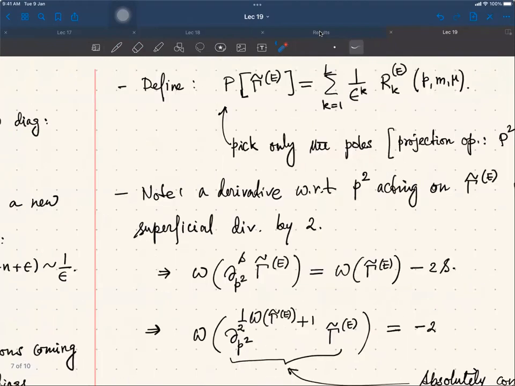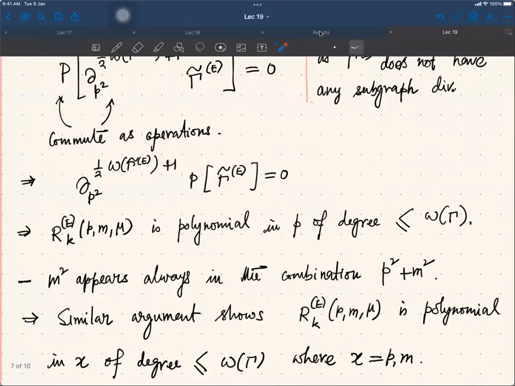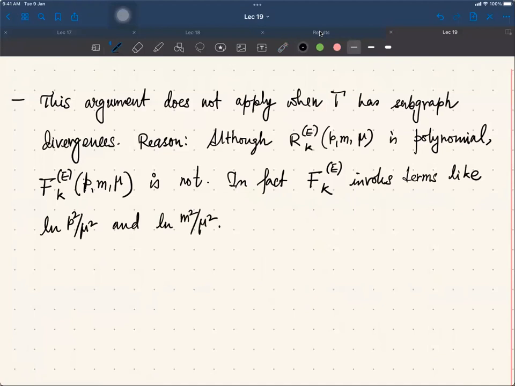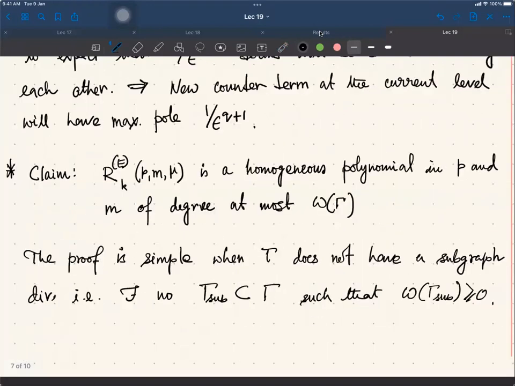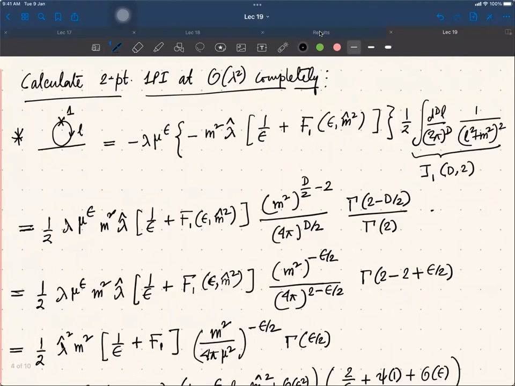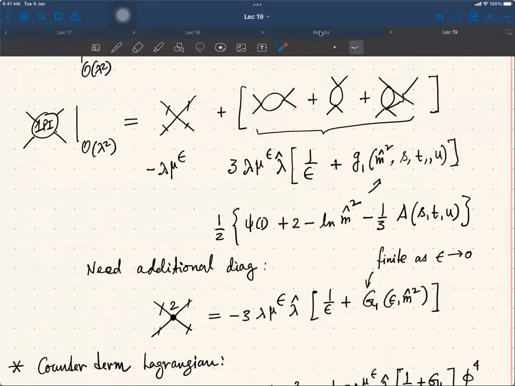And we know that this will involve terms like log p square by mu square and log m square by mu square. We have seen that already in many calculations. We have just shown this here. So this is the finite piece.